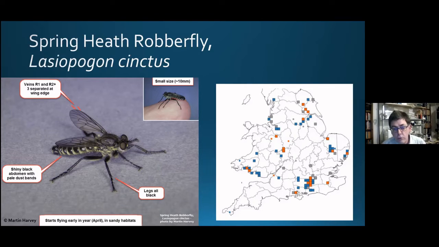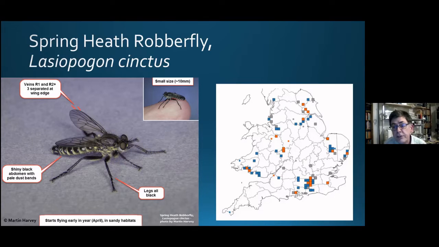It's quite a small robberfly, but it has that typical elongated shape and some quite distinctive features to it, even though it's an all dark species. And it would certainly be one that I would encourage you to go out and look for if you have sandy habitats near you.